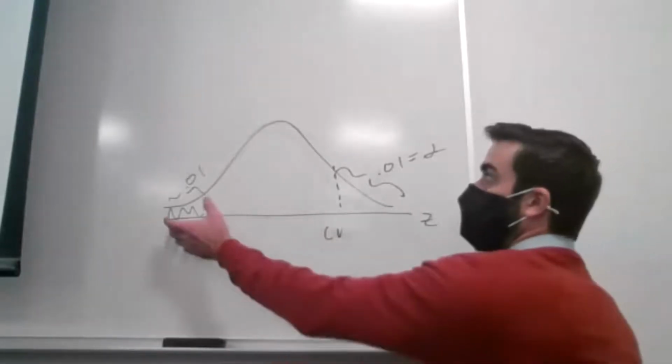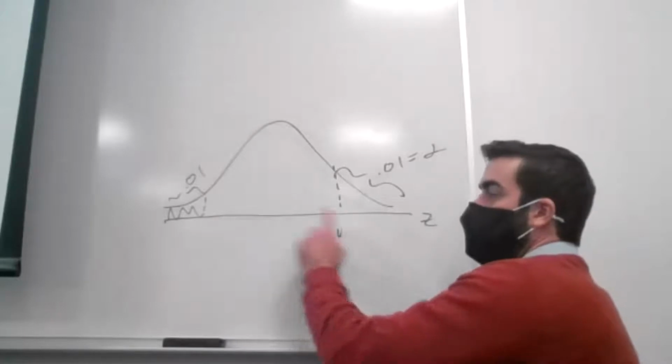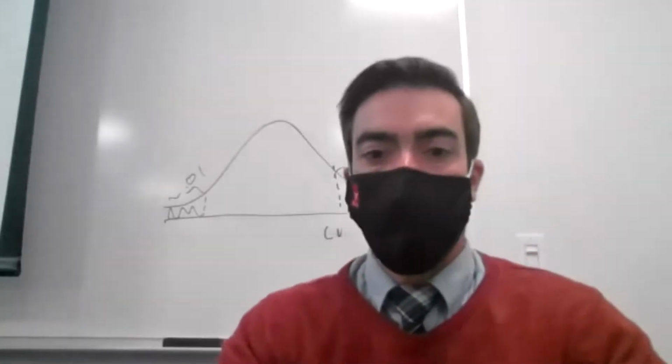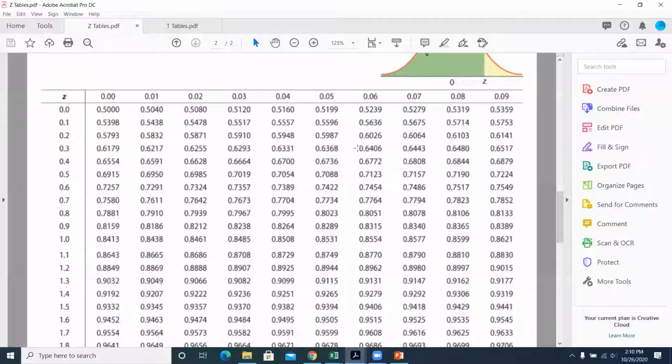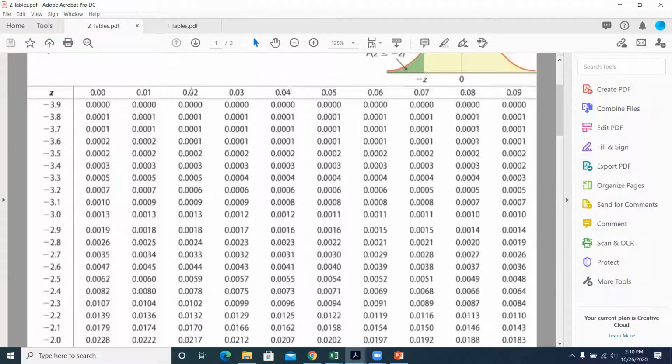But remember, if this is a symmetric distribution, it's going to be that same value, just negative. So sure enough, if I look up 0.01 in that table, I should find 2.33, but negative. So let's look up the alpha of 0.01 in between these two values: negative 2.32 and negative 2.33. Sure enough, I found the exact same value, but negative, right?